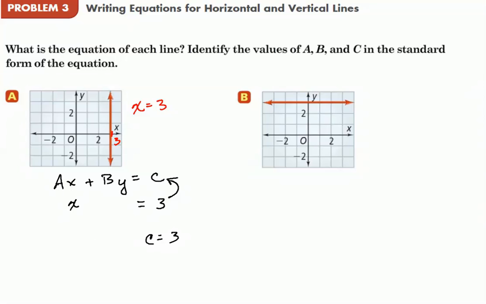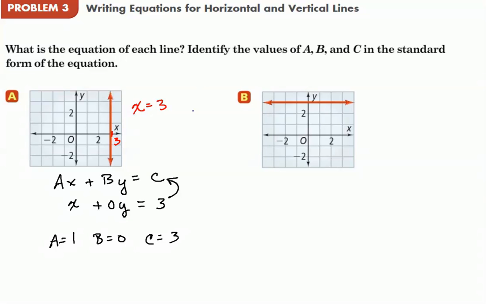The x has a number in front, which is the a, but there's no number here. But we know that that's an invisible 1. So I'm going to go ahead and say that a is going to be 1. And then b, well, it's empty, but we know that when it's empty, we can think of that as 0y because 0 times y is 0, which is empty. So therefore, b is going to be 0. So a is 1, b is 0, c is 3. That's how I would do the vertical line.